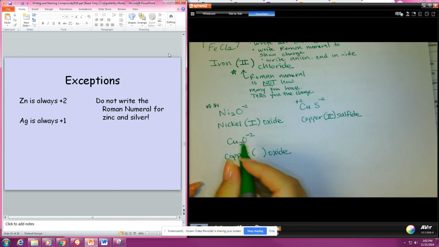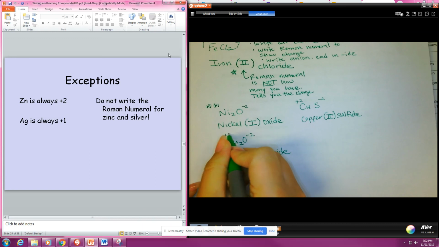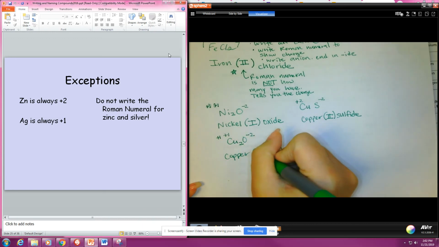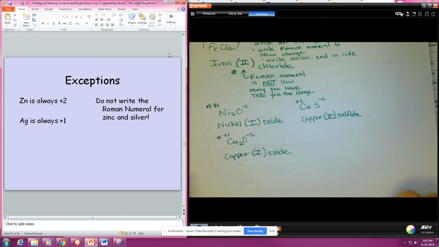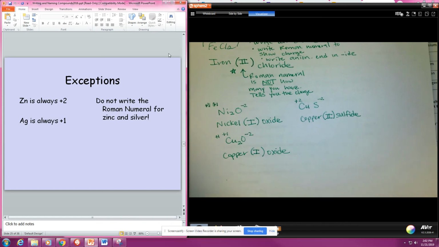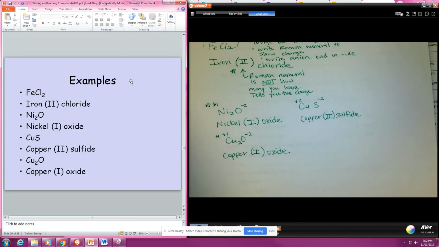So if I have 2 coppers to work with, each one will have to be a +1 charge to cancel out the -2. So in this case, it's copper 1. Remember that this Roman numeral is showing the charge and not how many coppers I have. All right, so here's our official answers for the foldable.